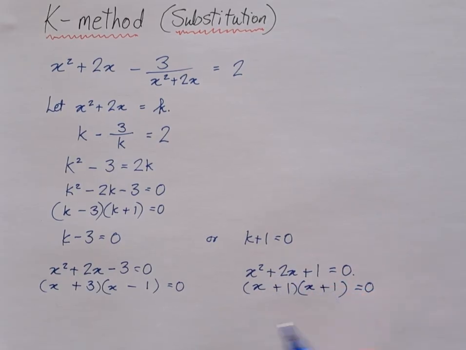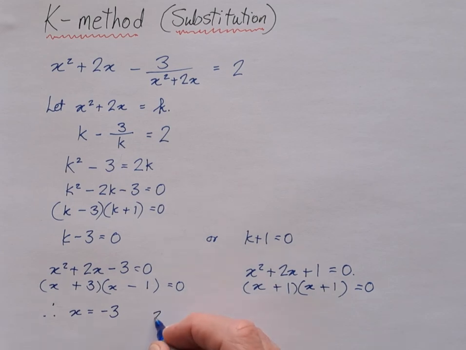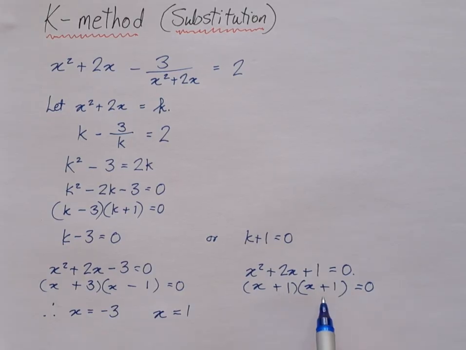So now if I go through each of these brackets to see what the values for x are going to be, from this first bracket, x would be negative 3 to make the bracket equal to 0. Here, x would be 1 to make the bracket equal to 0. And then here I've got 2 brackets that are identical, which means I'm only going to get one solution from this because this was a perfect square trinomial.